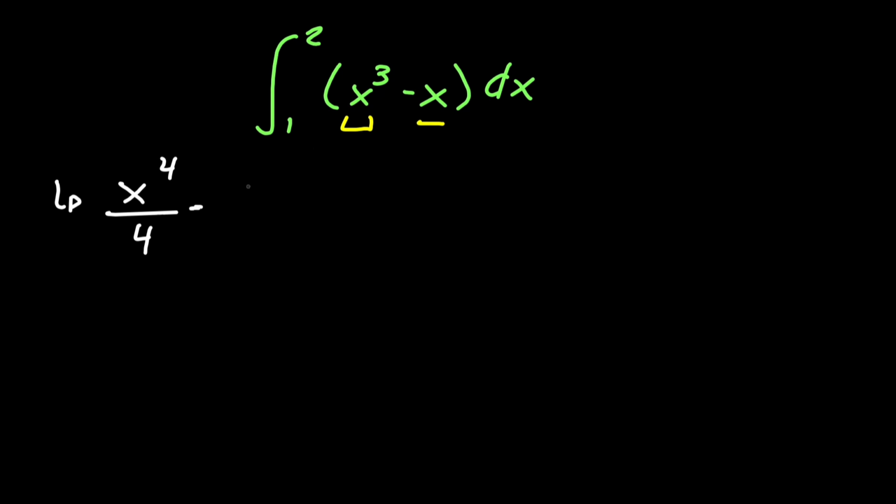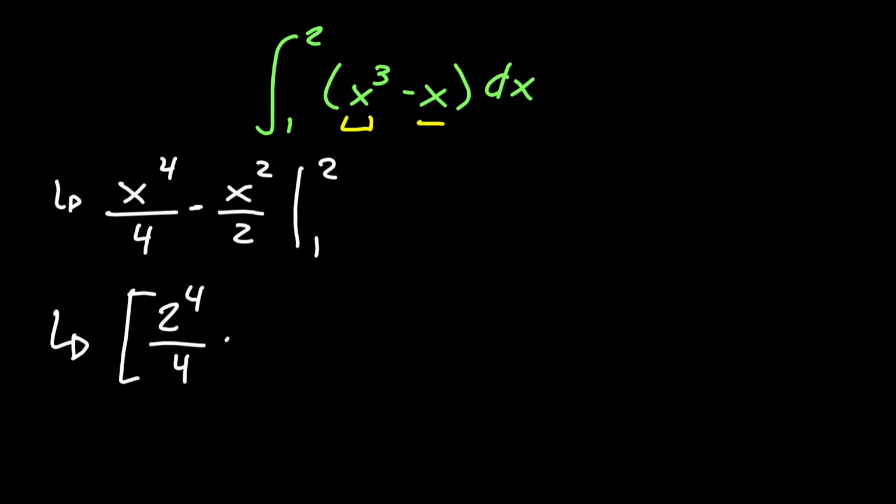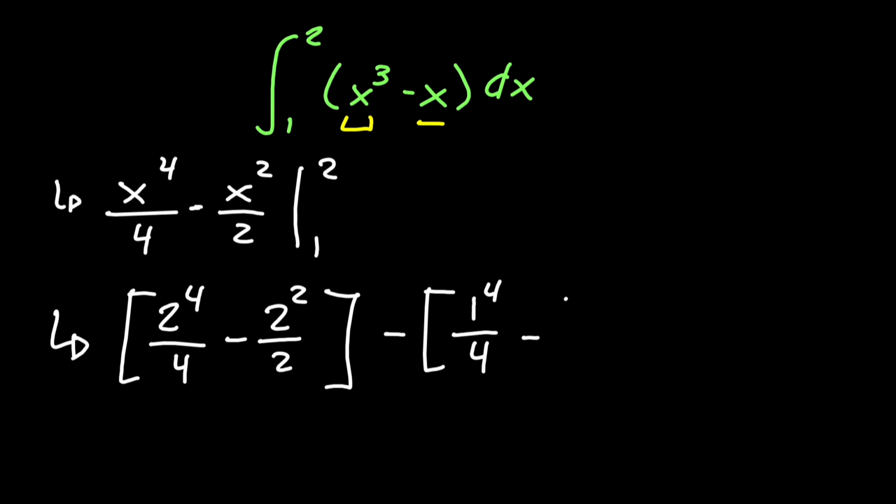So the integral of x would be equal to x squared over 2, ranging from 2 to 1. So substitute 2 first. This would be 2 to the power of 4 over 4 minus 2 squared over 2. Subtract this by putting 1 on x. So this would be 1 to the power of 4 over 4 minus 1 squared over 2.